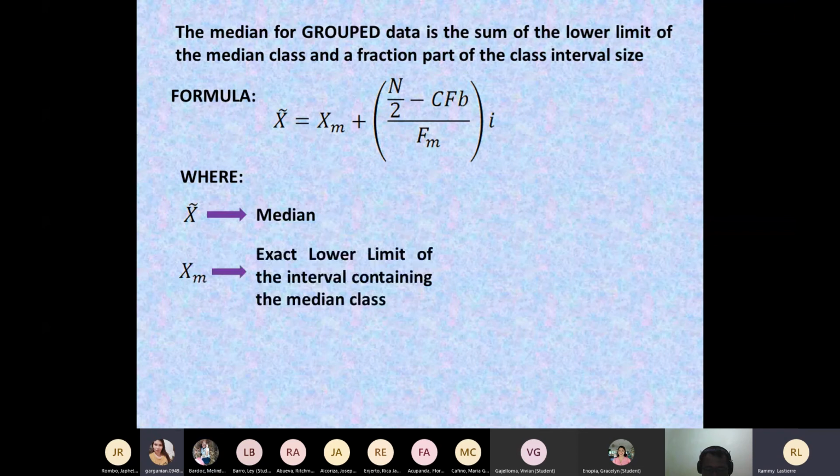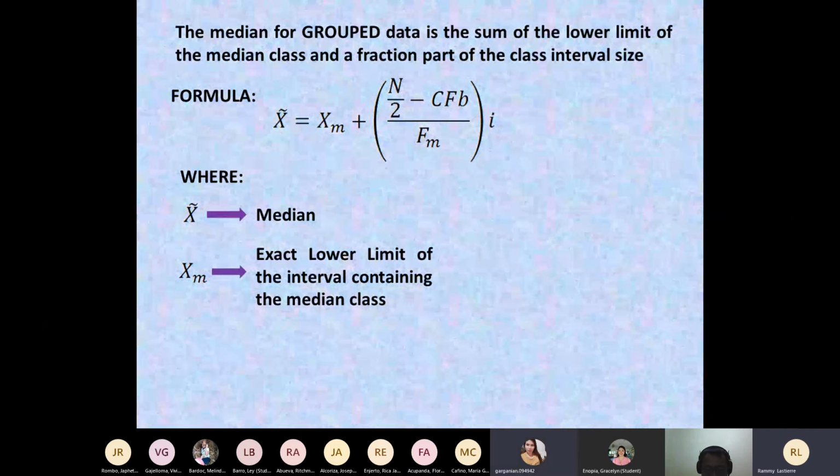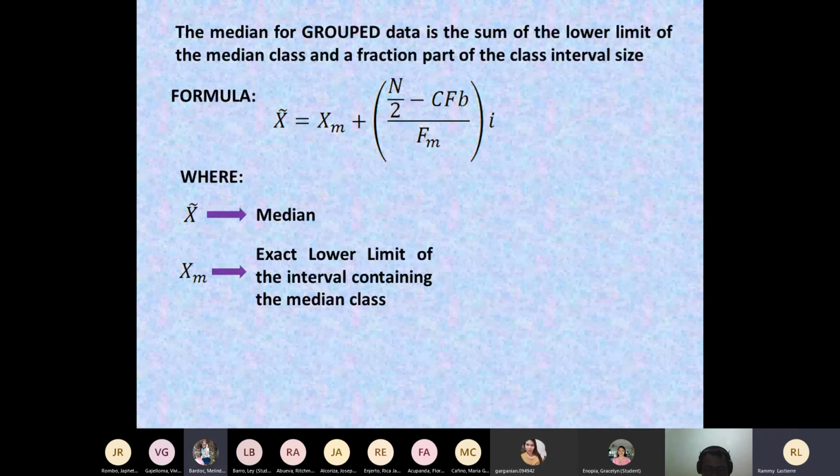Meaning LB, hindi M. Kaya ang X sub M ginagamit natin sa mean, magkuha sa class mark or midpoint. So LB na lang, baka ma-misinterpret nyo. You change that to X sub LB, meaning lower boundary.